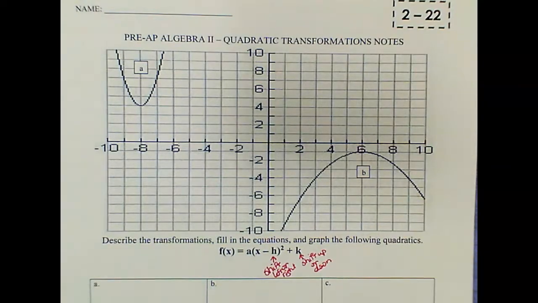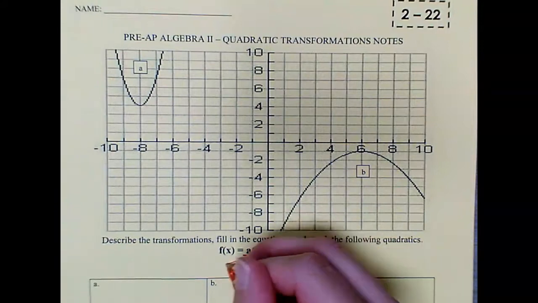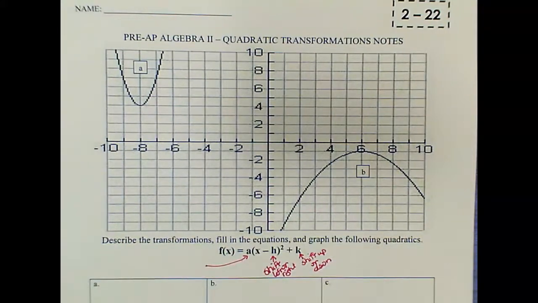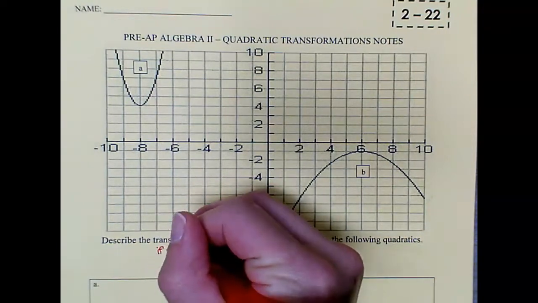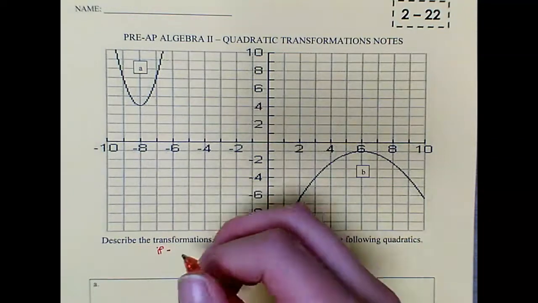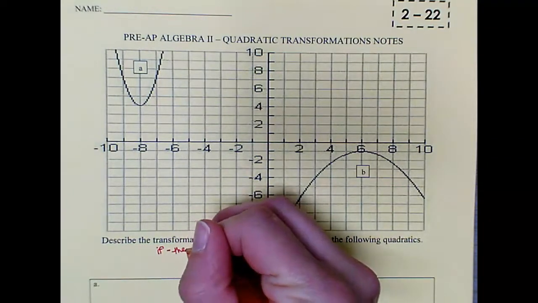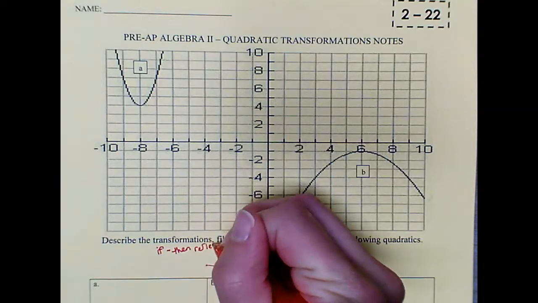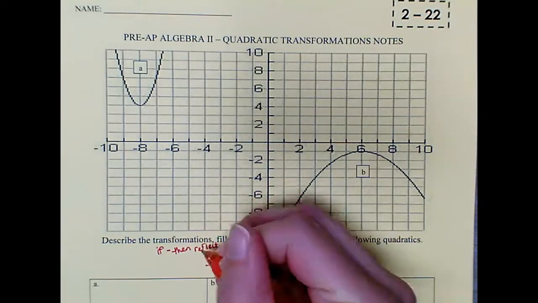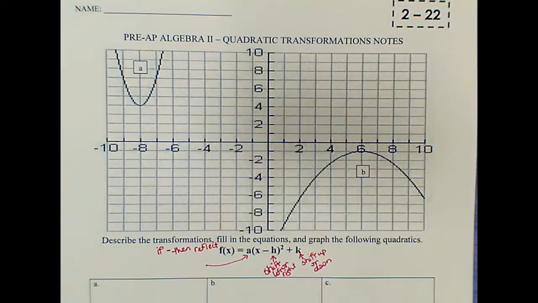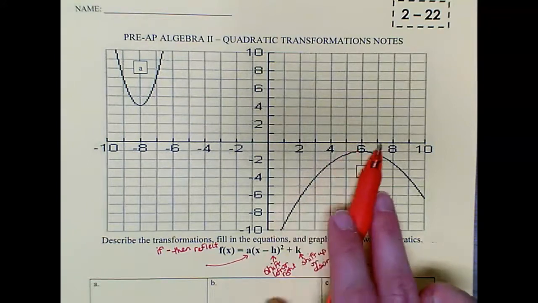And then the final thing we want to talk about here is the A value. The A value can do a couple things. If you have a negative, then you reflect across the x-axis. So if you have a negative A value, that tells you the parabola opens down and you need to reflect it across the x-axis.